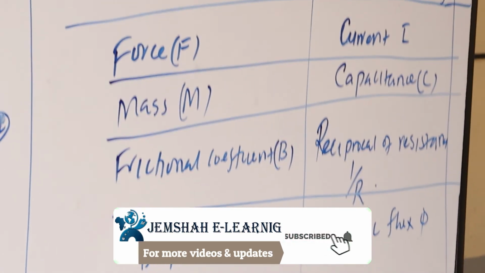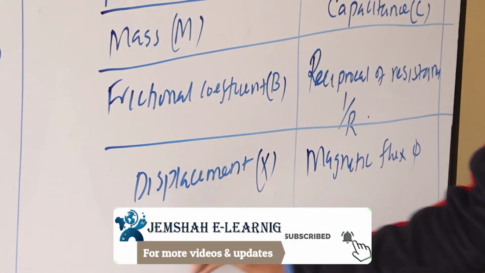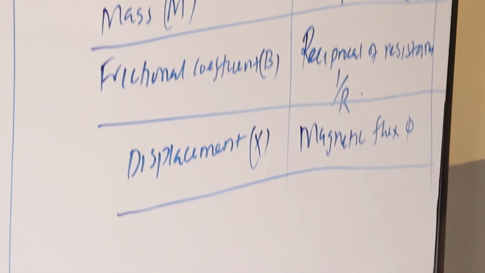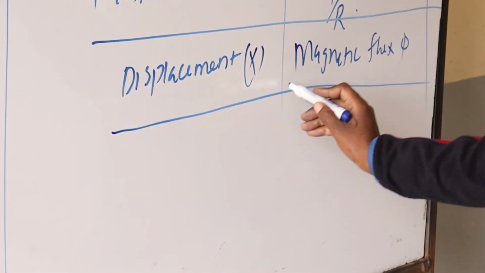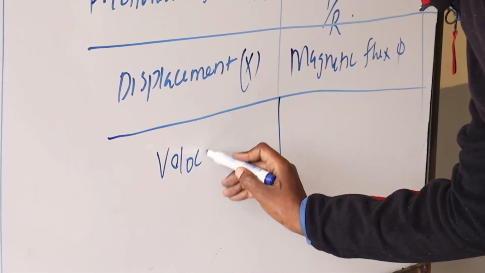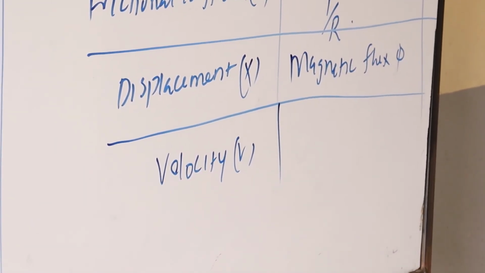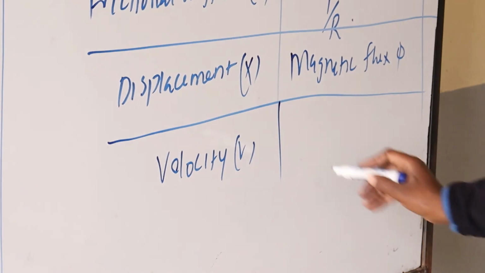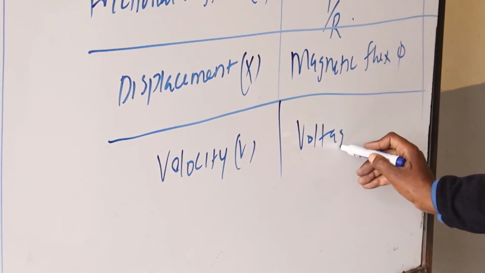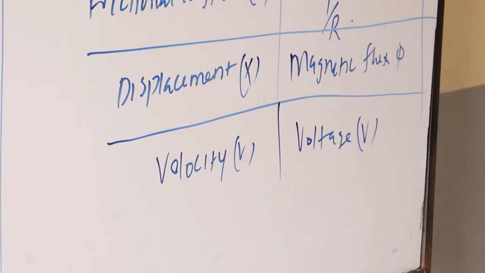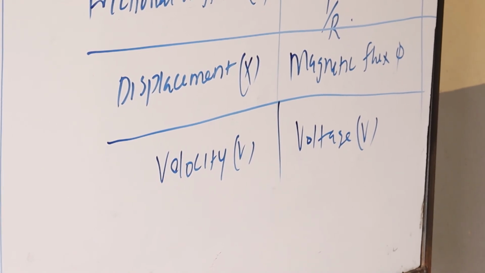And then finally, we can talk about the velocity v, which will be equivalent to the voltage V. And that is what the analogy is all about.